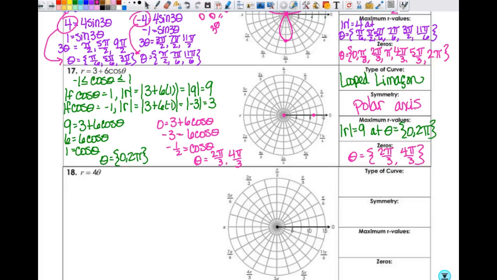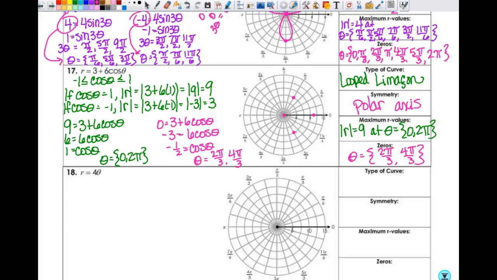All right, so I need a couple other points just to get a shape here at least. Since I'm dealing with cosine, after 0, my next easiest cosine is at pi thirds. The cosine of pi thirds is 1/2, right? So 1/2 times 6 is 3 plus 3 is 6. So I have a point here, and then I have a point here because there's symmetry.